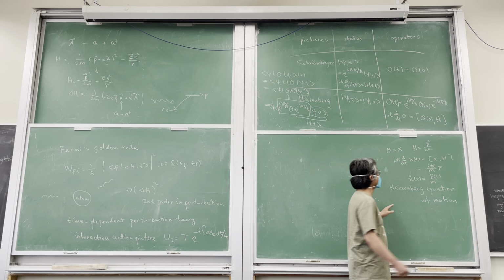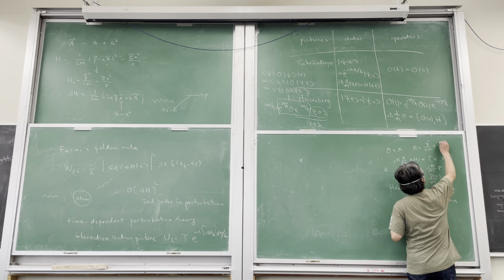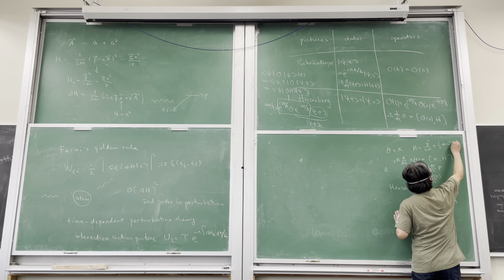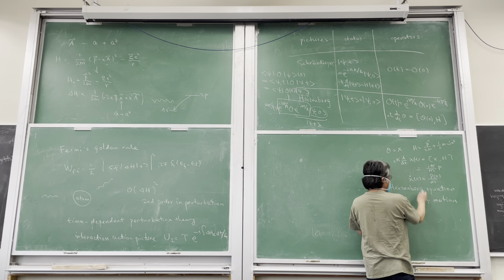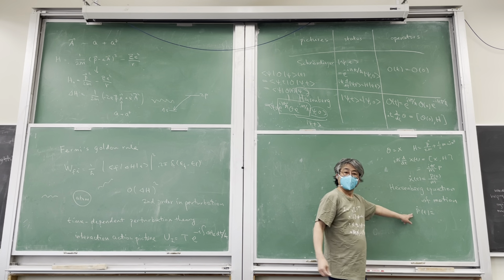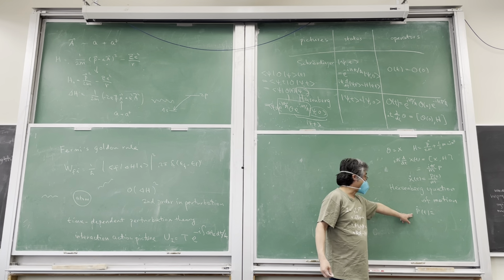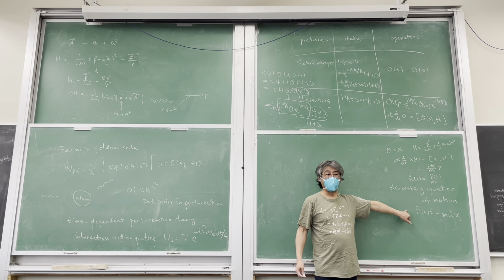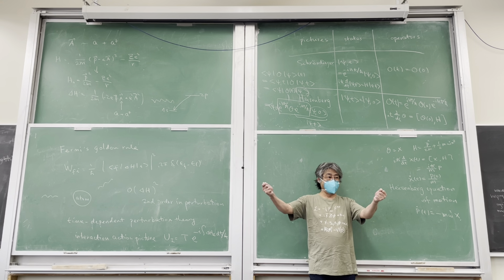And if you extend this to, for example, the harmonic oscillator, this is still the same, but you can also derive the Heisenberg equation of motion for the momentum operator, which turns into this. That's Hooke's law of a spring, right?